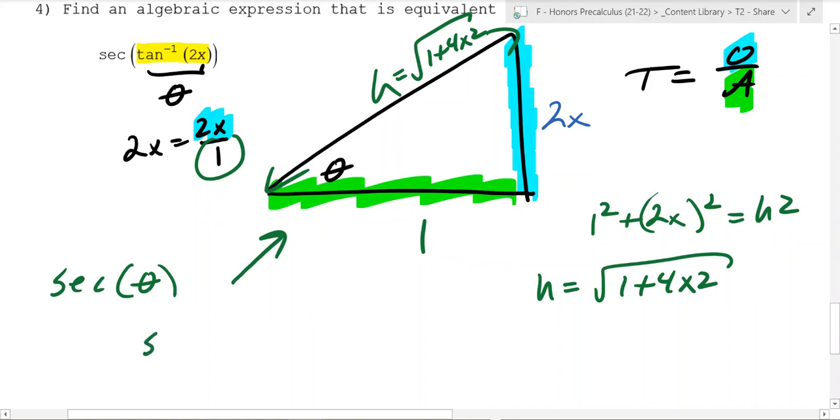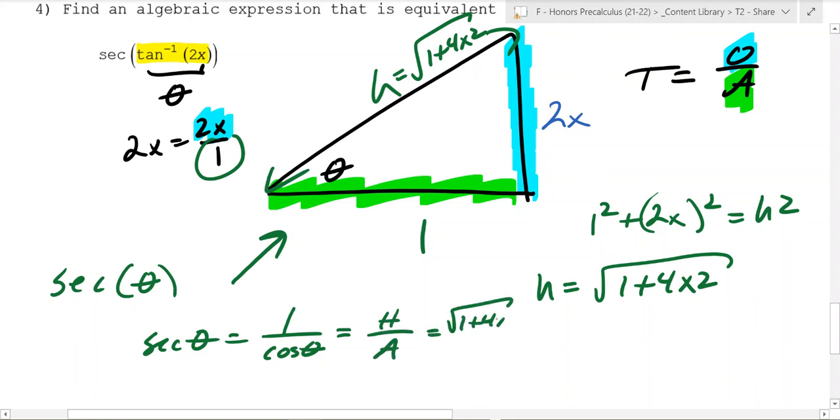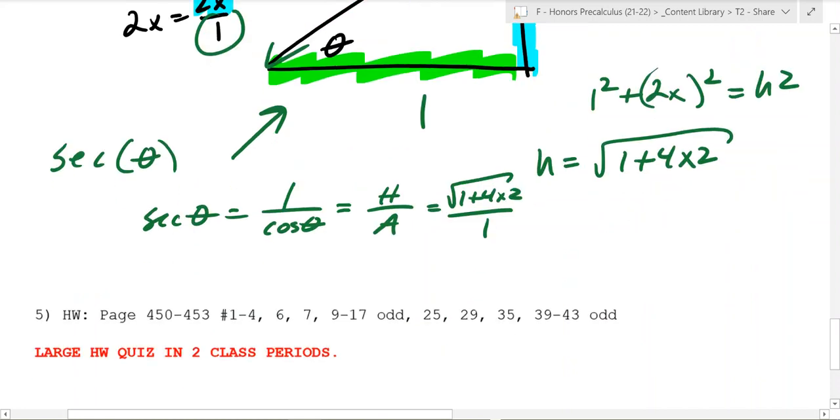Remember that secant of theta is equal to 1 over cosine of theta. Cosine is adjacent over hypotenuse. So secant is going to be hypotenuse over adjacent. So in this case, that's just going to be the square root of 1 plus 4x squared over 1. So our final answer here is just going to be the square root of 1 plus 4x squared.